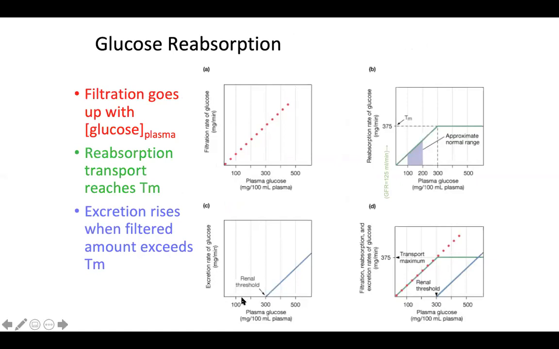So what actually happens here, once plasma glucose gets to 300, all of a sudden you're excreting glucose. This means it's coming out at the very end, after all the reabsorption has occurred. And it's in a linear line, at the exact same slope. So once you hit 300, once you hit saturation, all of a sudden glucose is just coming out and there's nothing you can do. Okay, this is just showing what we've already gone over.